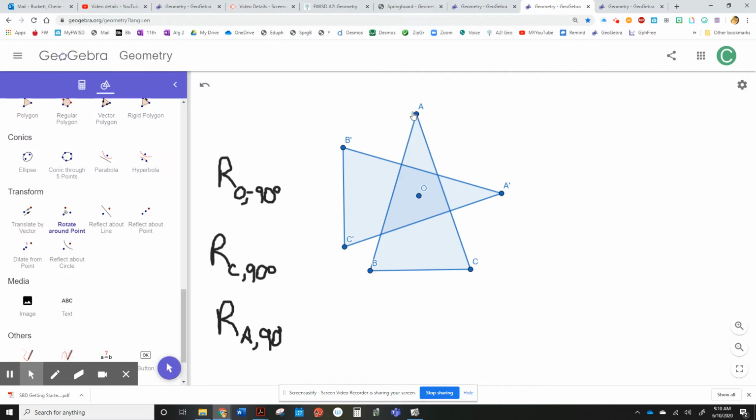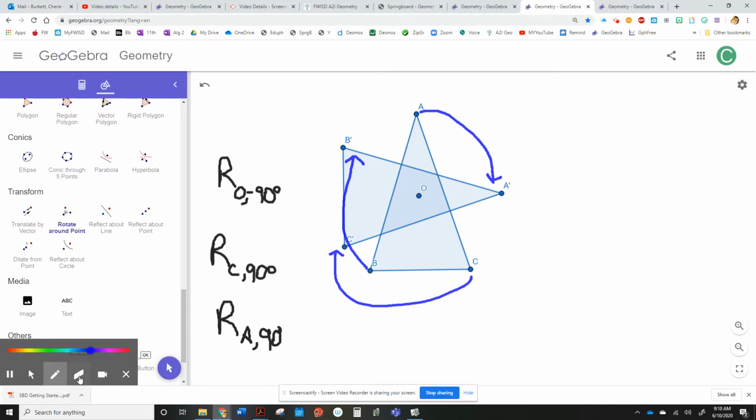So A was here, and it rotated 90 degrees, and it's negative 90, so we went clockwise. And C went clockwise, and B went clockwise. Okay, so they all moved 90 degrees.